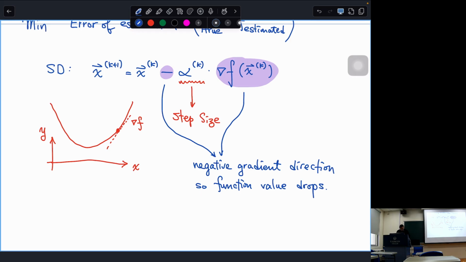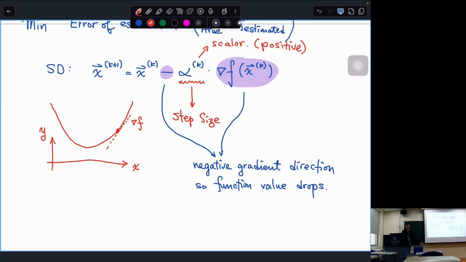We move along the negative gradient direction, so I can make sure that the function value drops and I can minimize the function. The only thing is how big the step is. So alpha k right here, the step size, is a scalar, not a vector, and it has to be positive.